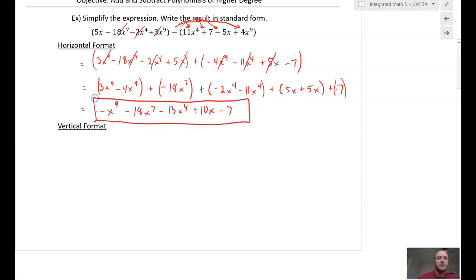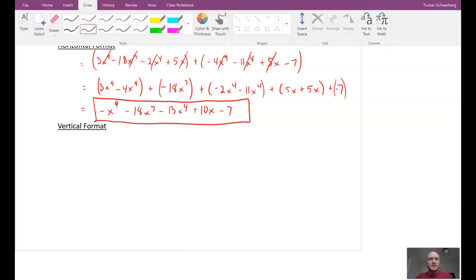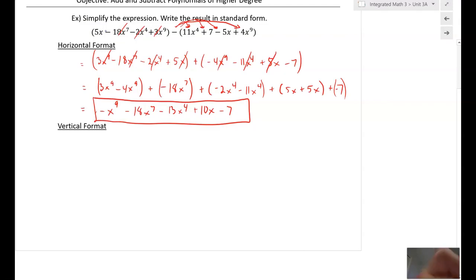That's horizontal format, or kind of known as the grouping method. The vertical format, which is my favorite, the first step's the same. I put my first polynomial in order: 3x to the ninth, minus 18x to the seventh, minus 2x to the fourth, plus 5x.